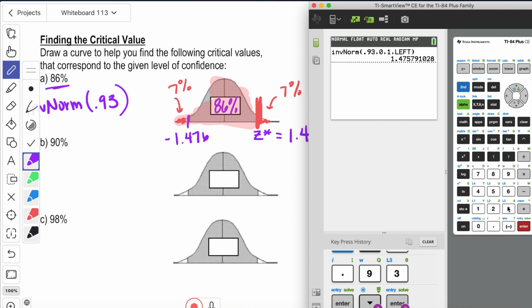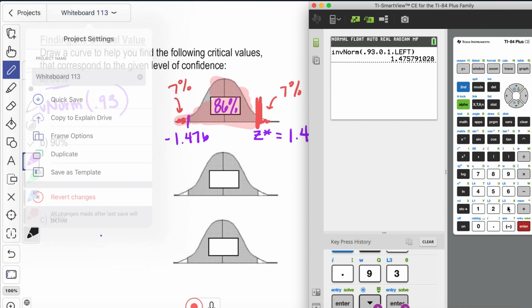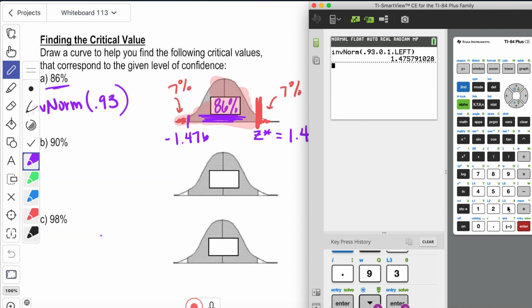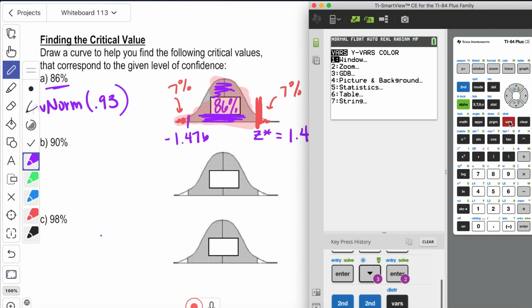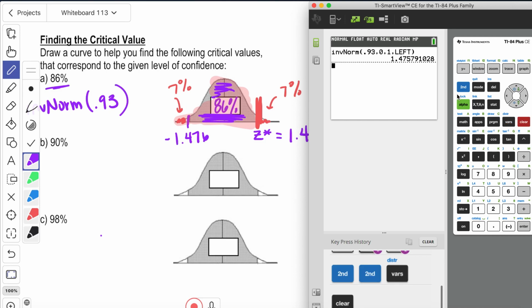And we can check this. I could literally go back and find the area inside of this curve right here and verify that it's 86% by using the normal CDF. Now I can go back and find the area underneath the curve using normal CDF. I'm just going to verify this, by the way. So second, vars, normal CDF, which is number 2.